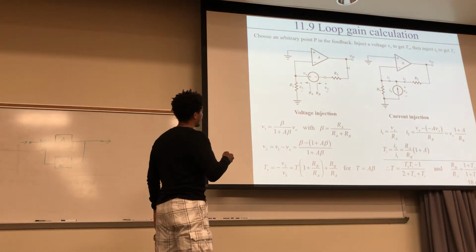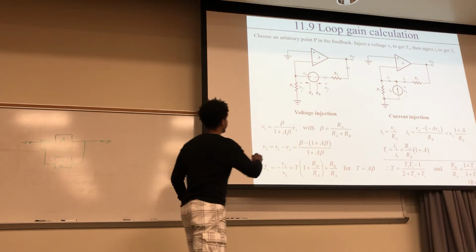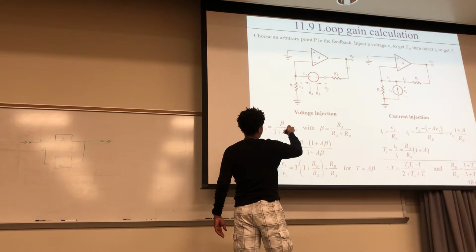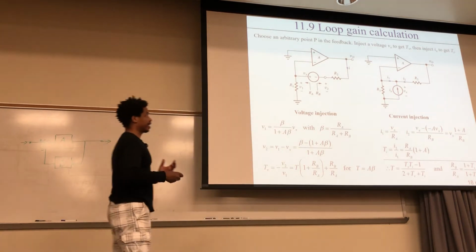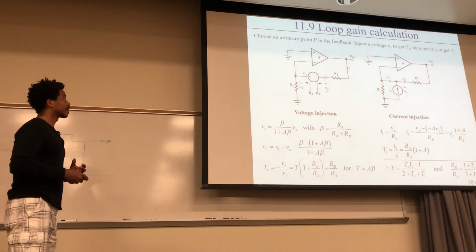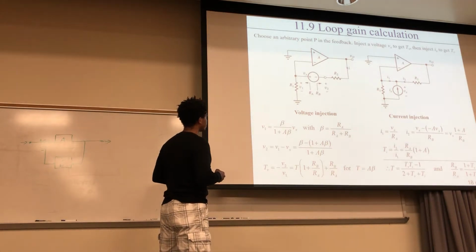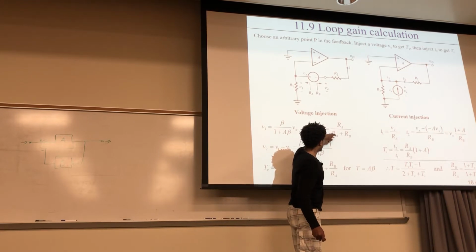From the perspective of looking at this side, coming out of here, what this sees is an RA in this direction, and then over here from this node, you see an RB looking in that direction, effectively, whatever that is. Okay, so for your V1, first of all, you're going to assume your beta is RA over RA plus RB.